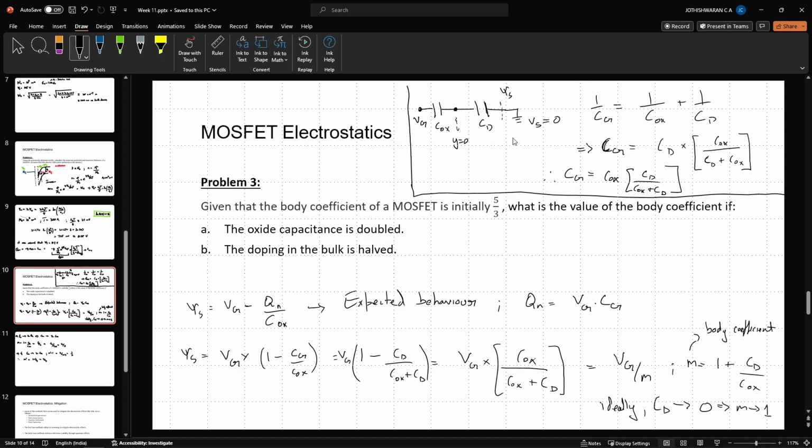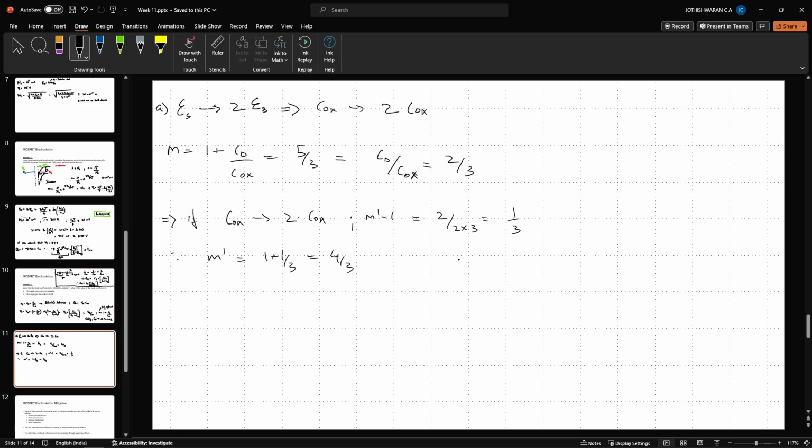But because of this CD that is present here, some of my applied potential will first have to help us overcome this depletion regime. So the bottom line is, previously M was 5 by 3, now M has come down to 4 by 3. So this is closer to ideality.